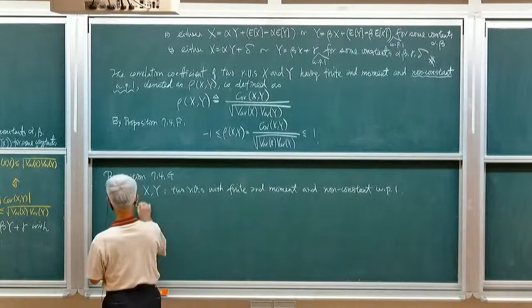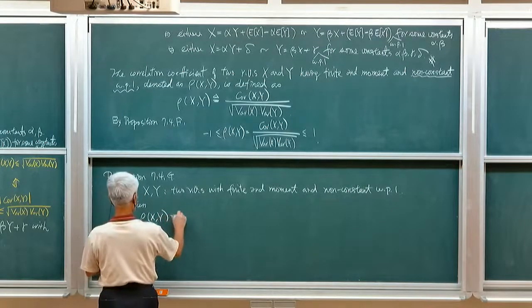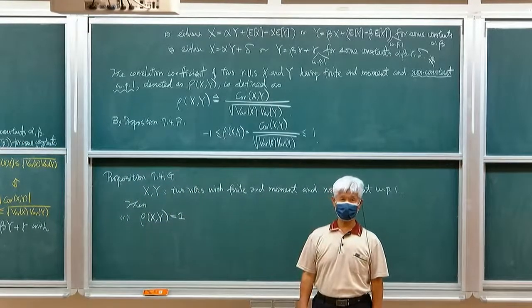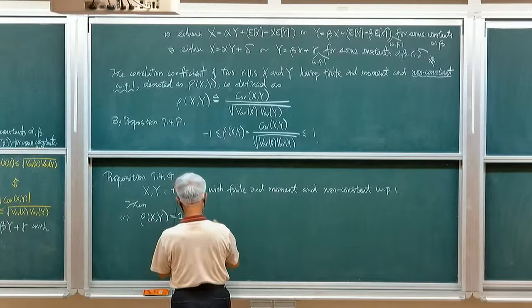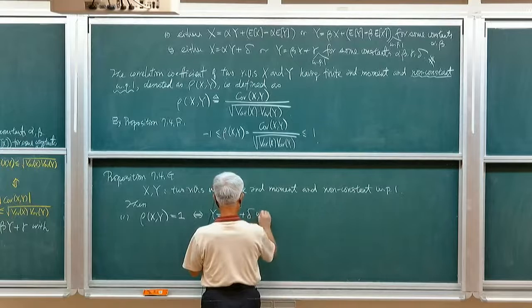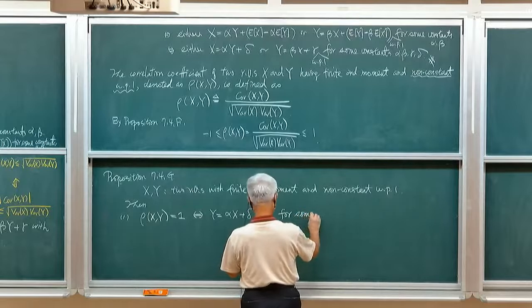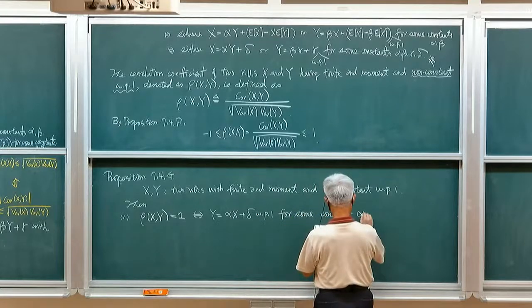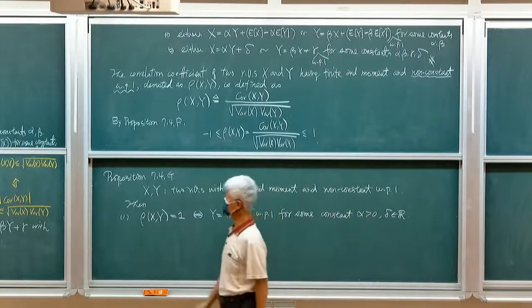Then, first one: the correlation coefficient rho is equal to 1 if and only if Y is equal to alpha times X plus delta with probability 1 for some constant alpha greater than 0, but the delta can be any real number. Okay?